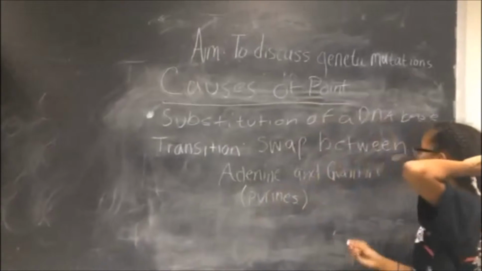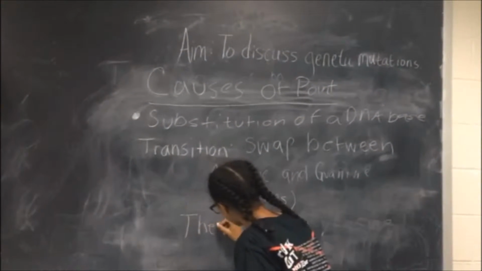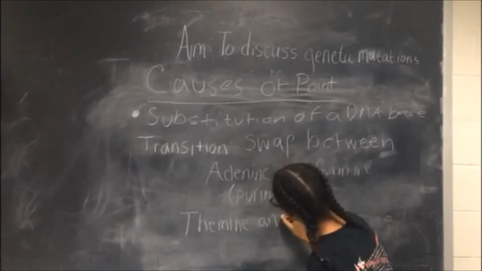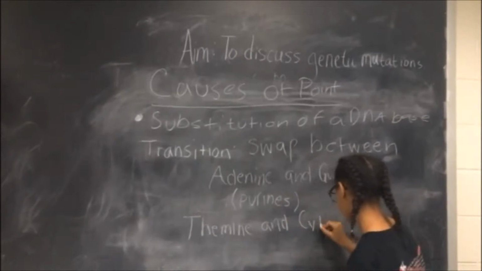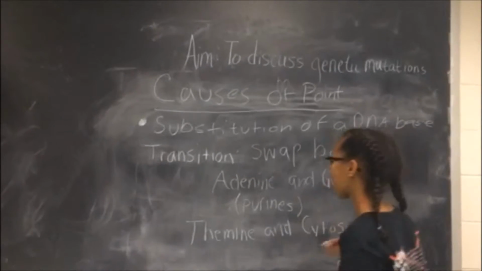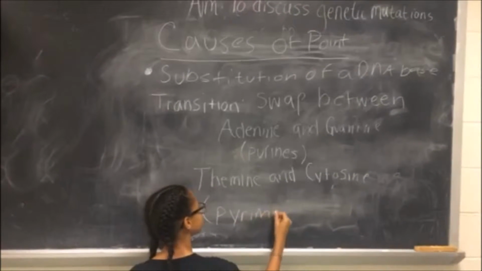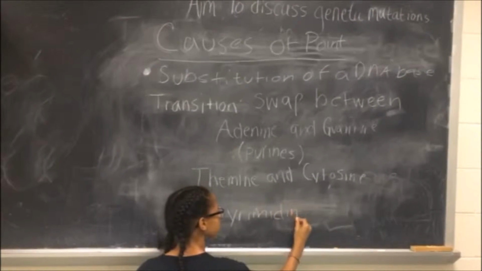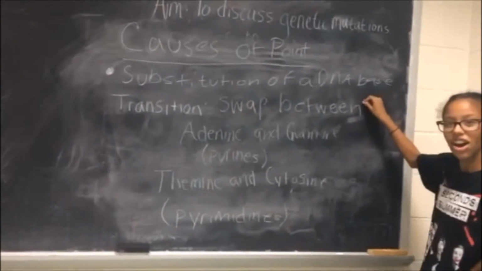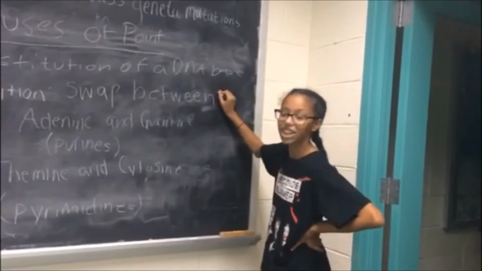It can also be a swap between thymine and cytosine, also known as the pyrimidines. Okay. Do you guys all have this? Take a second to write it down, and I'll give you time to write it down before I erase the board.